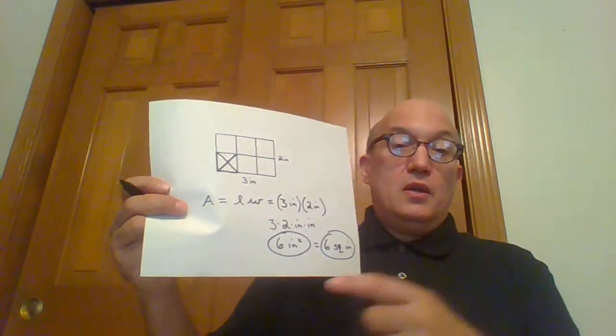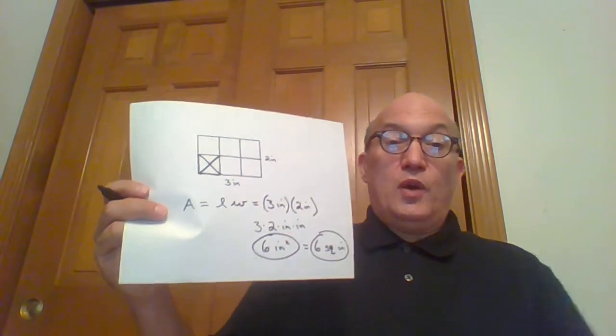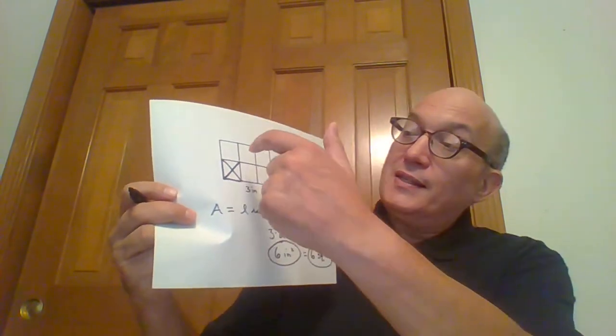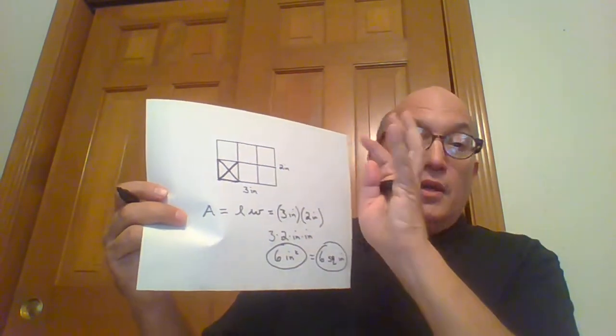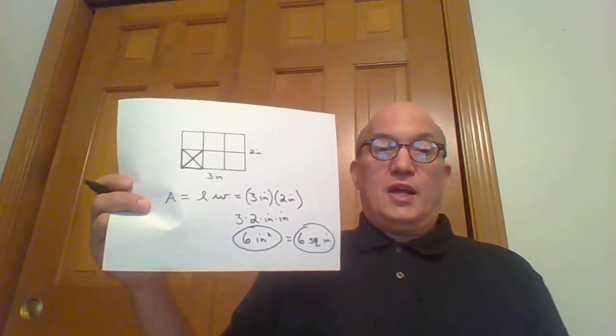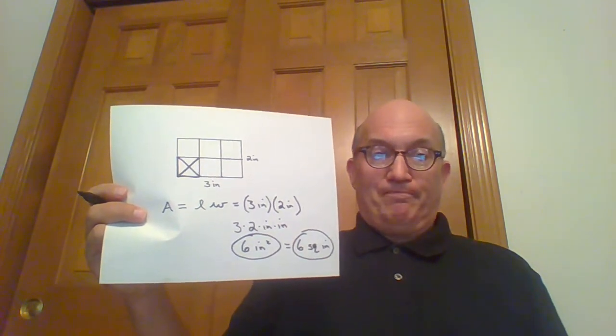We can also say 6 square inches. Either is correct. And either way, we mean 6 of these squares perfectly fitting the inside of the rectangle.